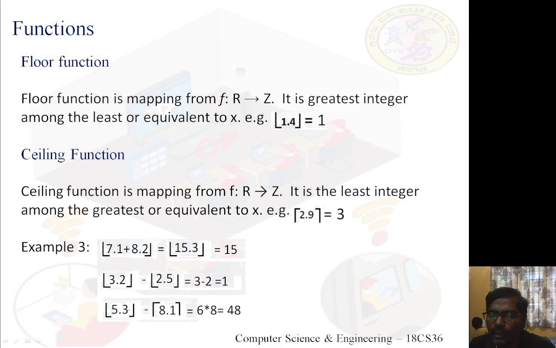Okay, let me have a look at the third example. It's the floor function of 5.3 into the ceiling function of 8.1. Just a small correction in the third example: it is not subtraction, it's a product of the floor function of 5.3 and the ceiling function of 8.1.